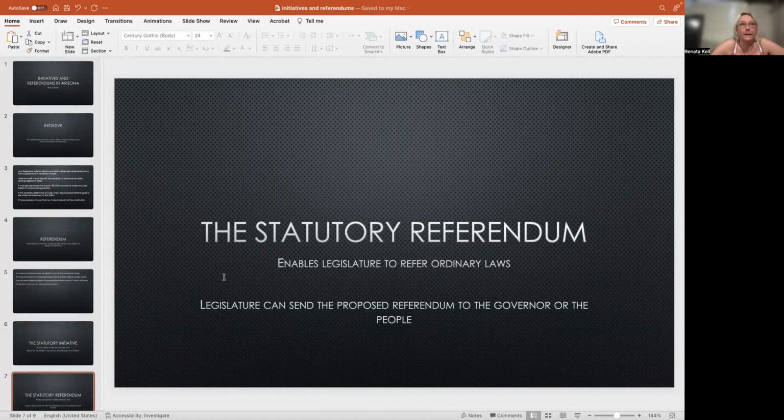What's interesting about that is, in essence, the statutory referendum transfers the governor's veto powers to the voters. And historically, only 26 proposed statutes were sent to voters. So that tells you a lot about how that works.